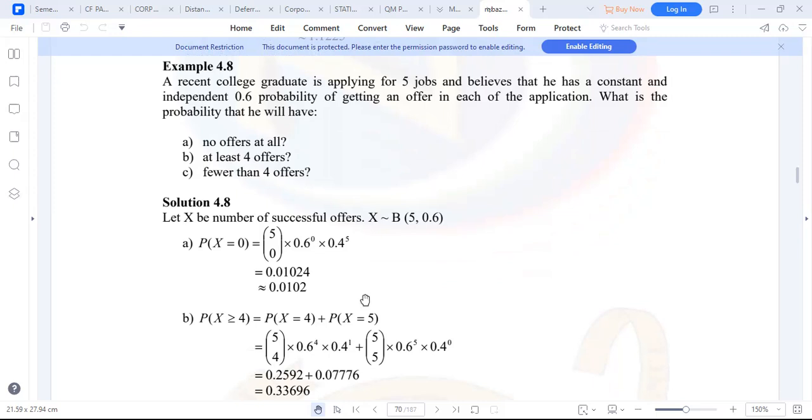Similarly, if I have numbers 1 up to 10, and I say at most 2, at most 2 means 2 and below. So 0, 1, and 2, that is easy. But if I say at most 8 and they are 10, it means 0, 1, 2, 3, up to 8. That is a lot of work. The opposite is what you do when there's a lot of work. So you subtract 1 minus what you have: for at most 8, you subtract 1 minus 9 and 10.